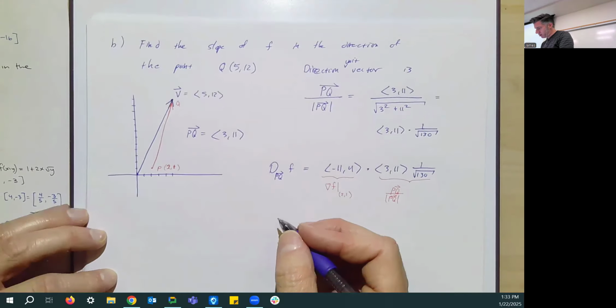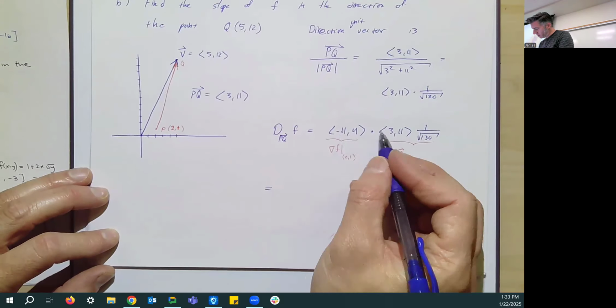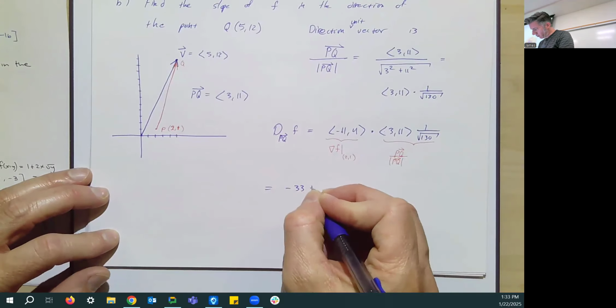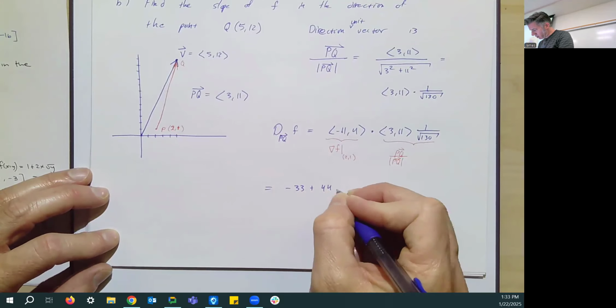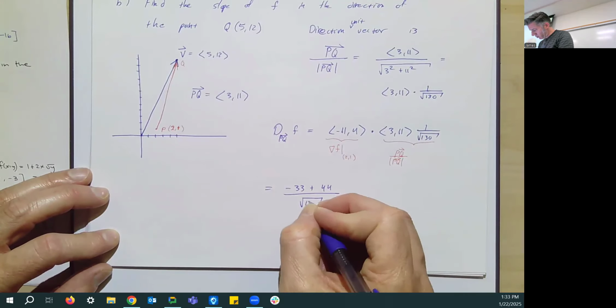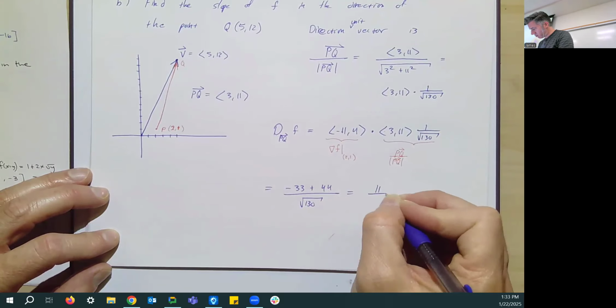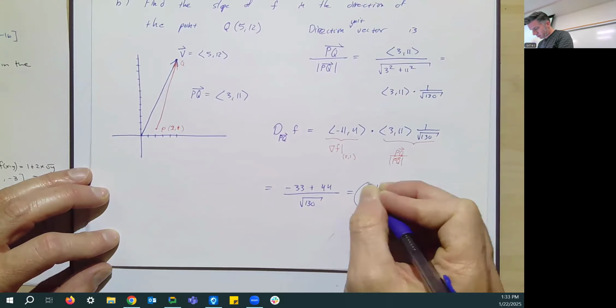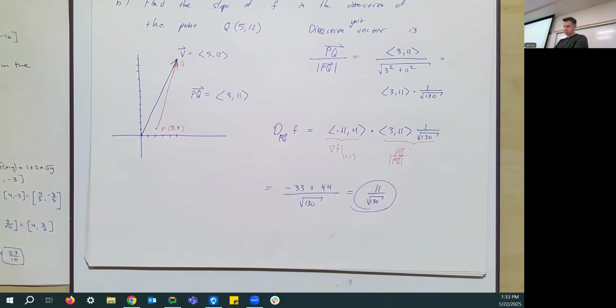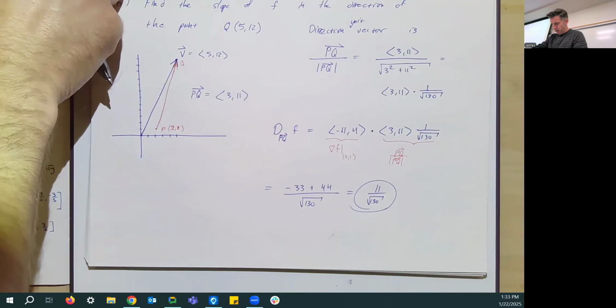Dotting those together, we get negative 11 times 3 plus 4 times 11, divided by root 130, which is 11 over root 130. Not too bad. So directional derivatives are very computational, right? You find the thing, you find the other thing, you dot them together, you get an answer. That's kind of it.